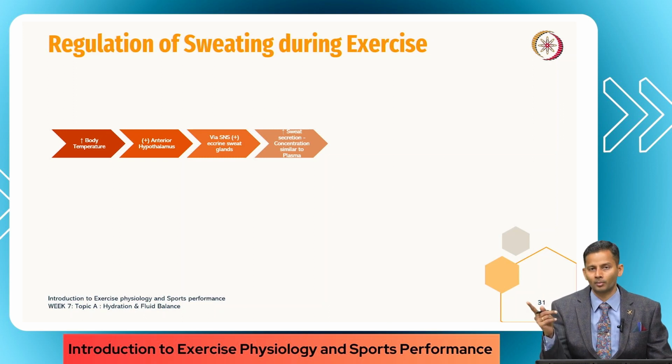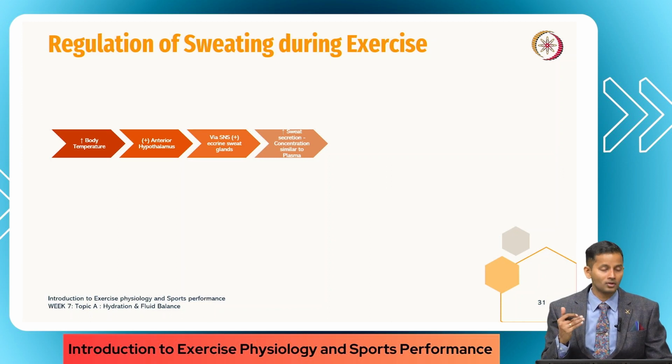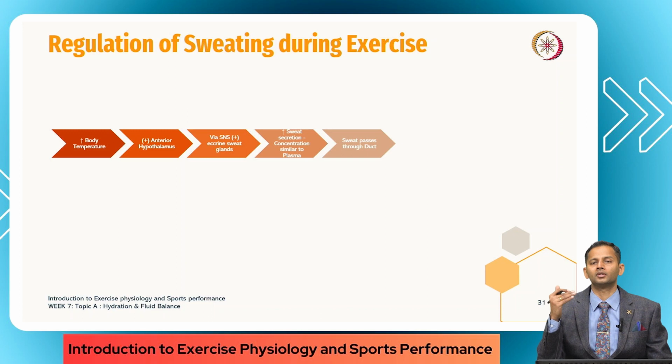One is the exercising muscle, where there is actual demand, and second is the skin. So the skin receives more blood supply during exercise, basically to prevent the rise in body temperature by the action of sweat glands. This increase in sympathetic nervous system drive to the sweat glands causes increased secretion of sweat.